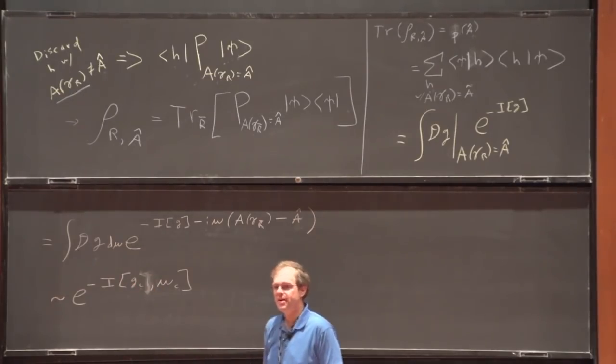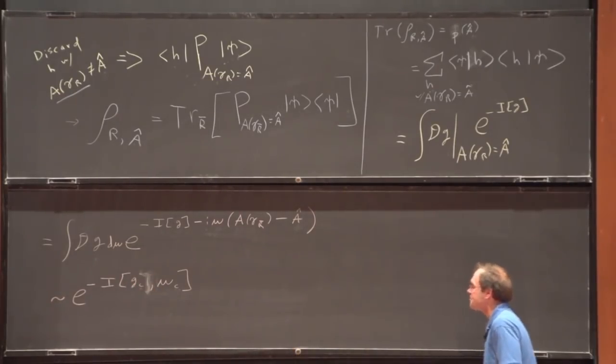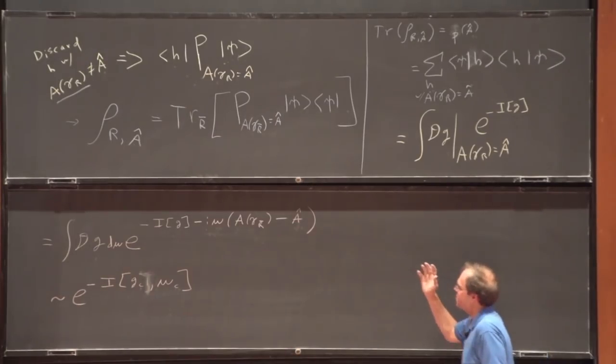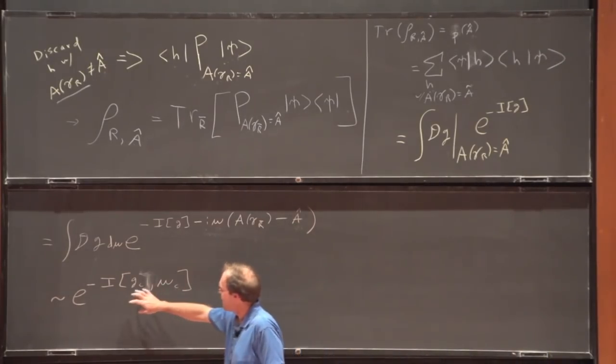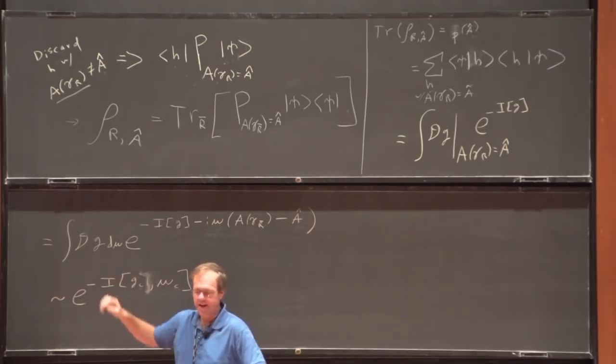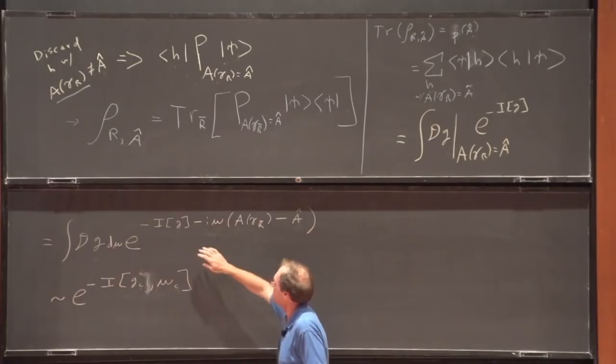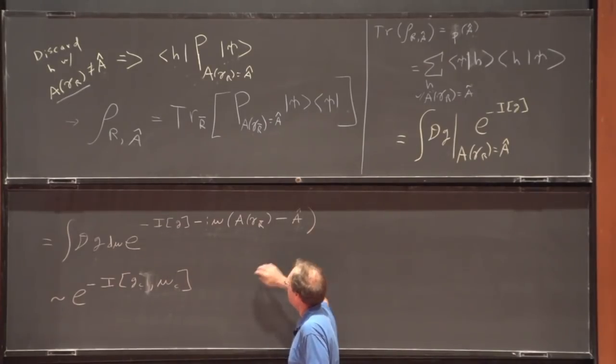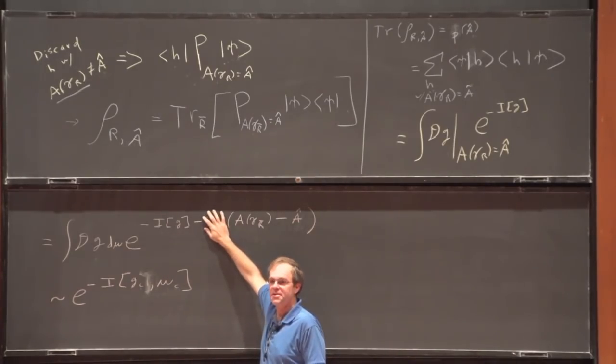In fact, let me make the following comment. The geometry, the classical stationary point that would have described the original state psi is, of course, the one that would extremize this action if I first fixed mu equal to 0.